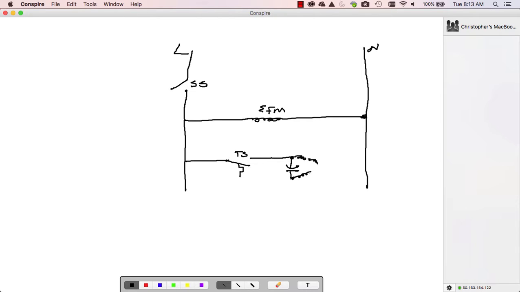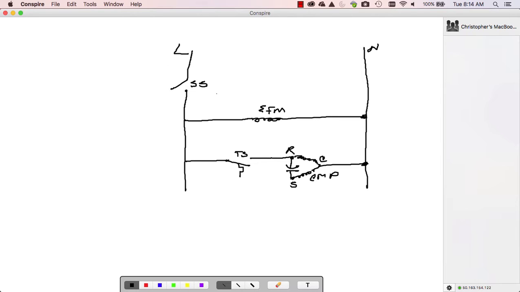So we have two windings. And we return to neutral. So if we label this, this is going to be my run, start, and let's just label the whole motor. Let's just label this CMP for compressor motor because that's probably what it's going to be.